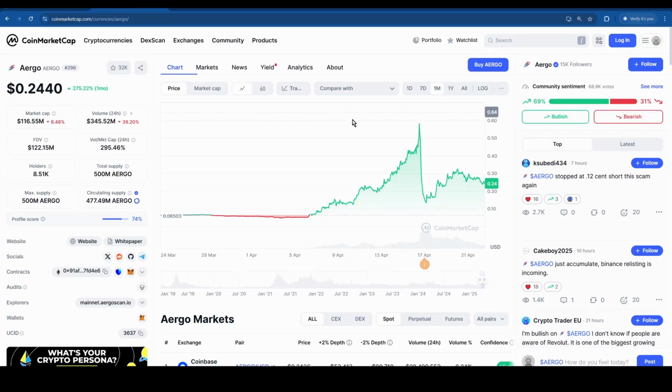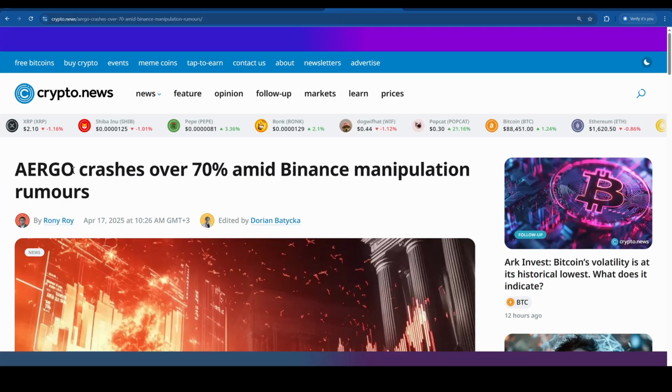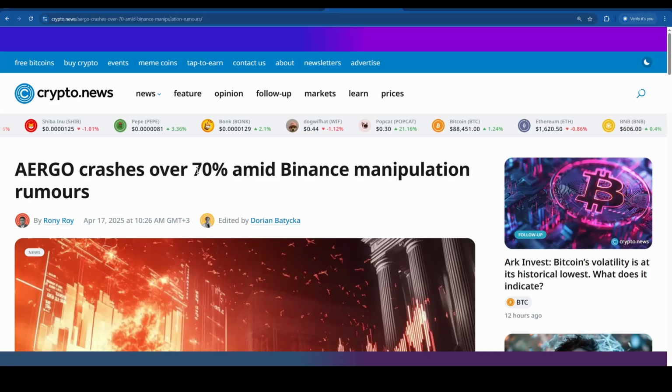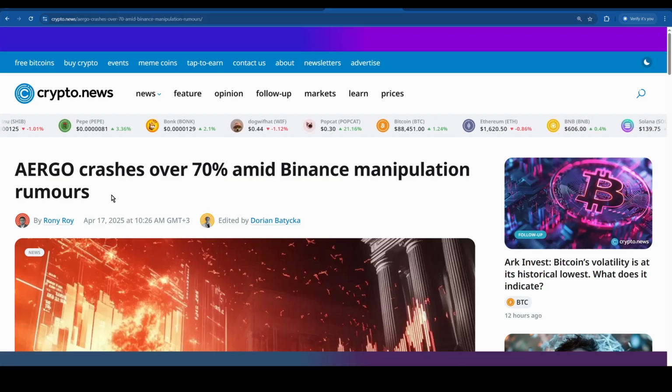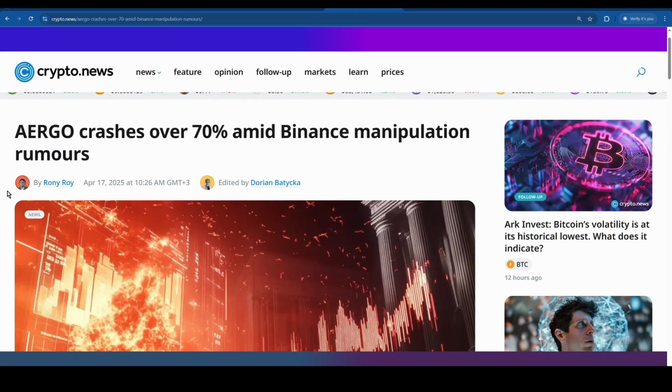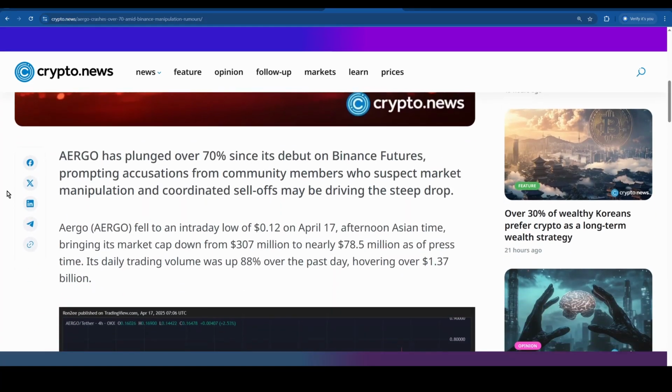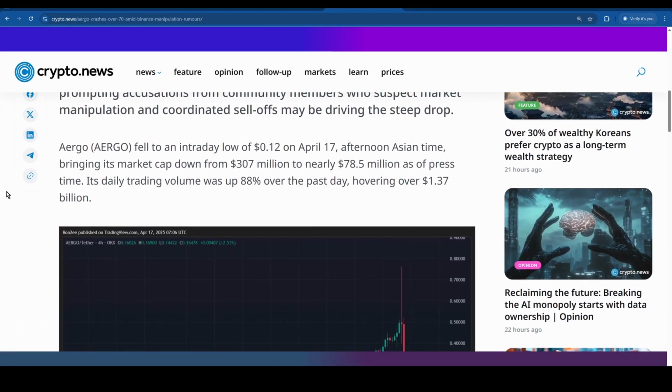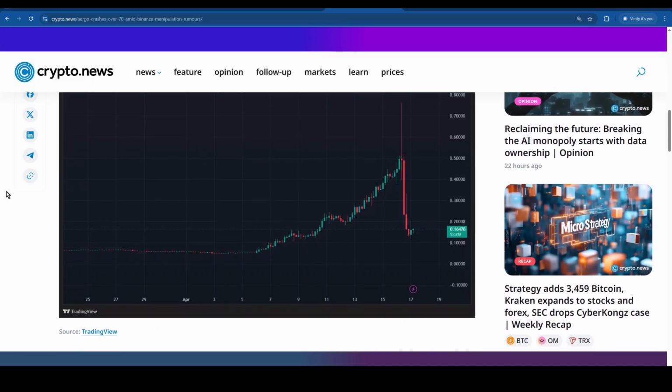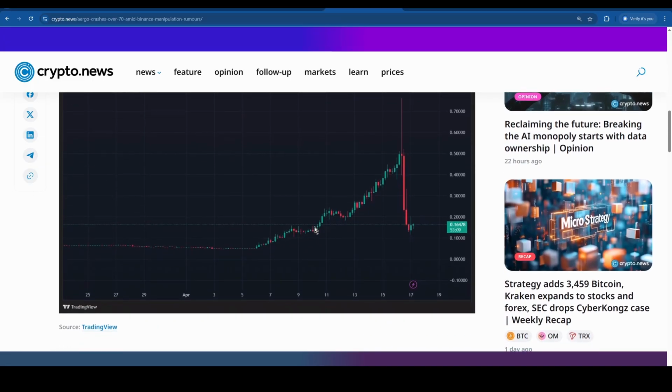And why did this cause actually such a crash? Well, some news sources say that AERGO crashed over 70% amid Binance manipulation rumors. Yeah, so there are rumors that there has been market manipulation, and here we see pretty much the same graph with a gradual growth and then a drop.